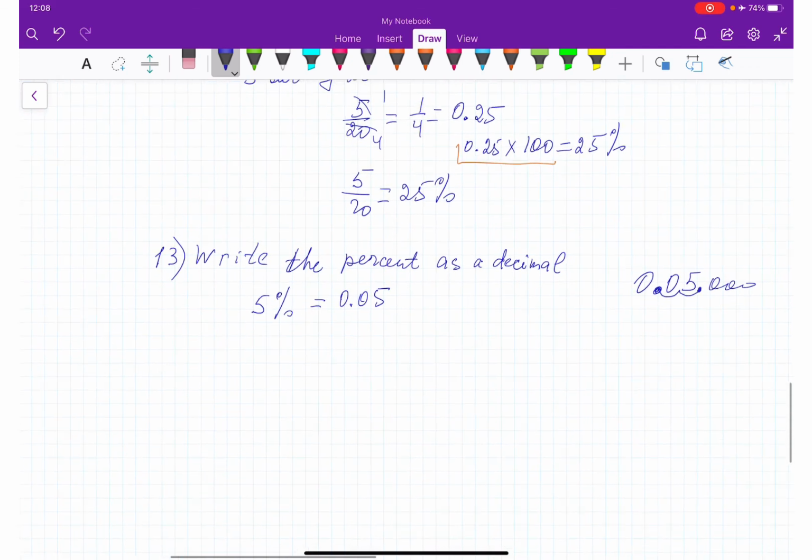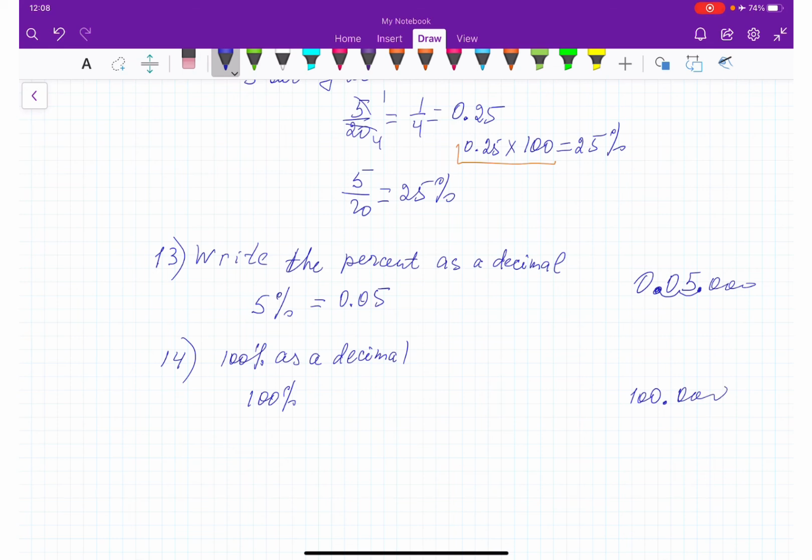Now, next one, write 100% as a decimal. As a decimal, 100%. Okay, when we have 100, the decimal point is here, 0, 0, 0.